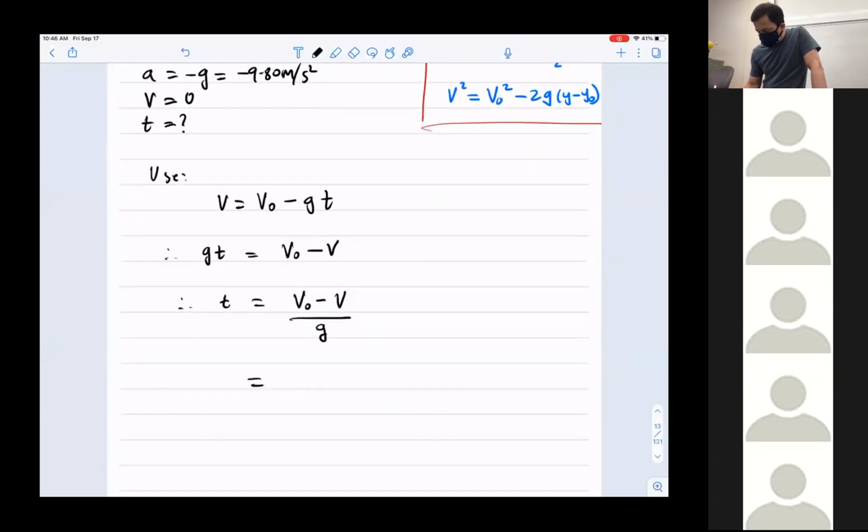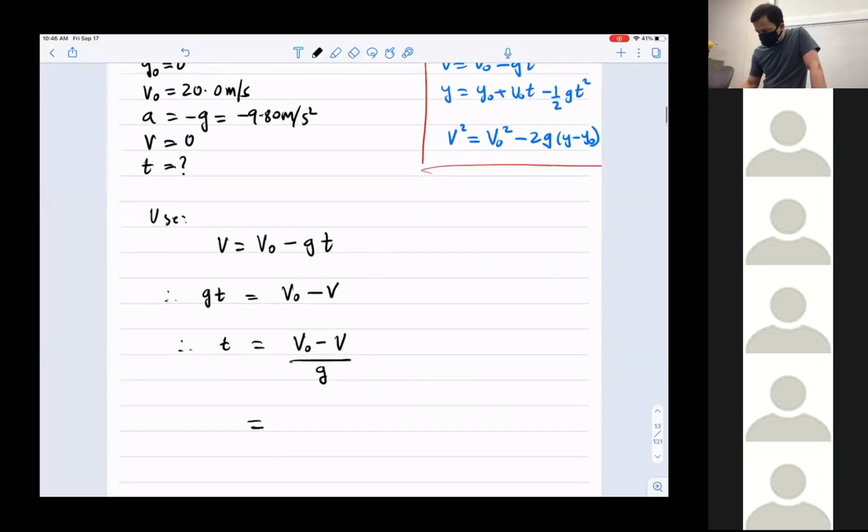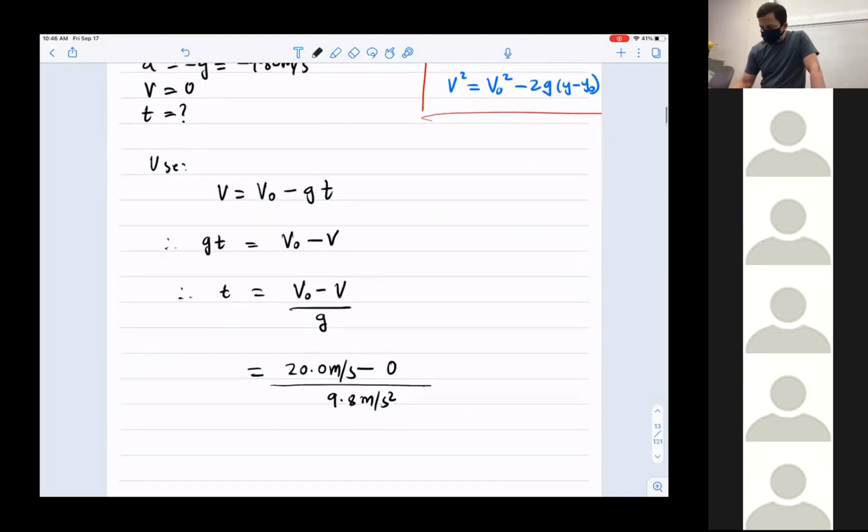And so that is the same as, what is v naught? It is 20 meters per second minus 0 over 9.8 meters per second squared. Notice the meters cancel, then you have 1 over seconds, and then you have seconds squared in the numerator, so you will have units of seconds. And so therefore you end up with 20 divided by 9.8 seconds.